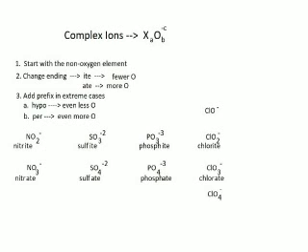And of the other two, the chlorates, the one at the bottom has more oxygen, so it gets the per prefix. And so the four complex ions of chlorine and oxygen are hypochlorite, chlorite, chlorate, and perchlorate.